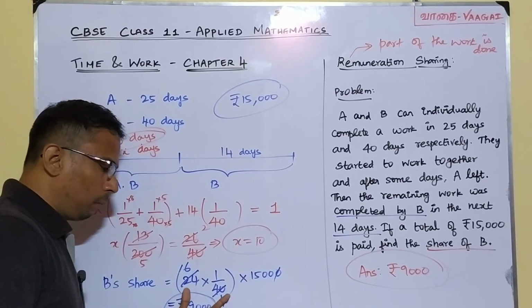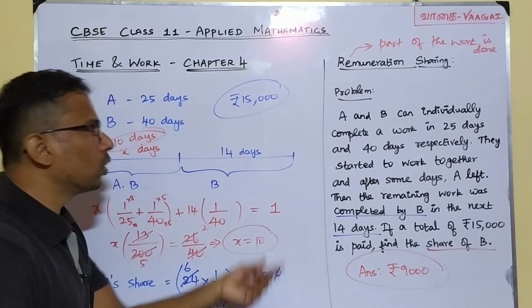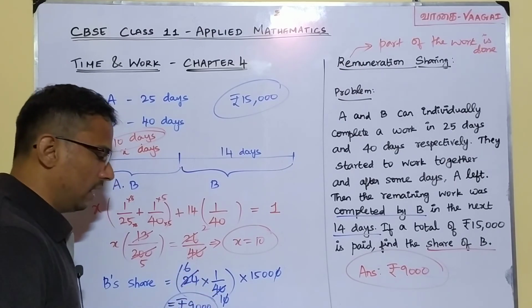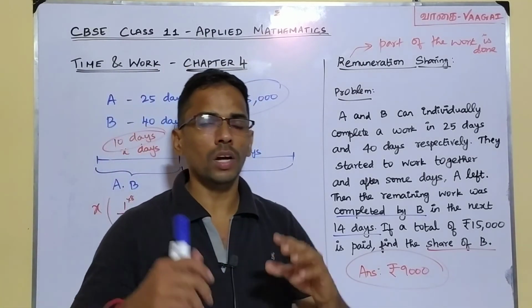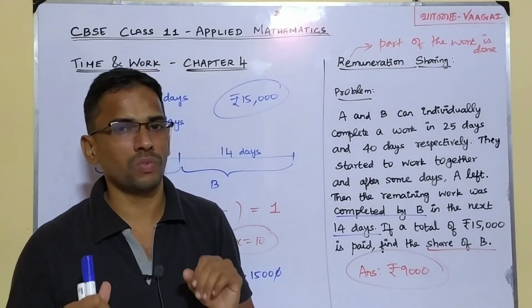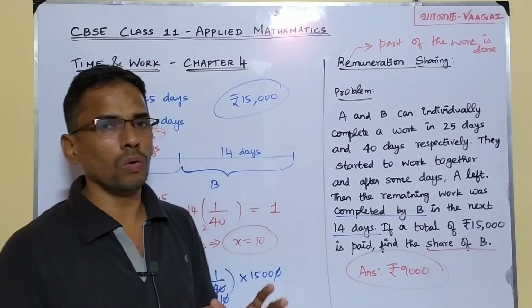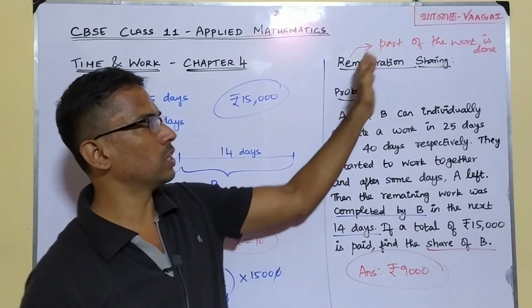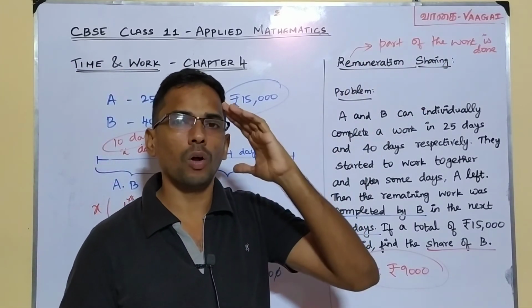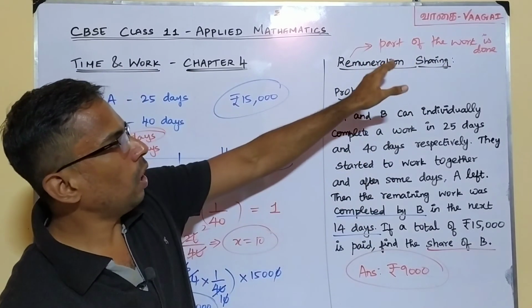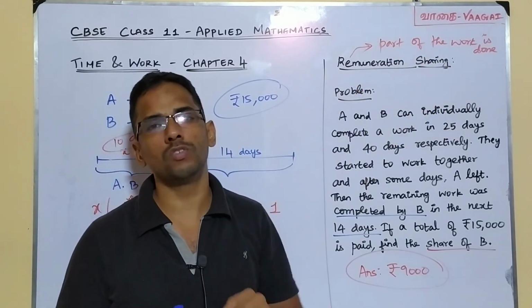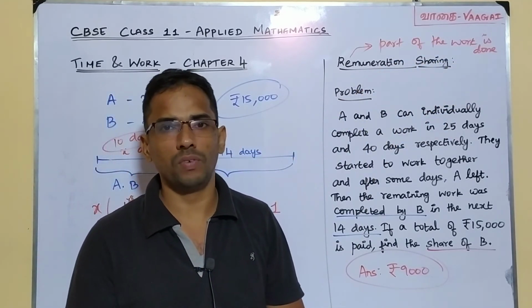B is doing that portion of the work, we multiply it by the total money, and that gives us the share of B. That's it. I hope it is clear to you, and this is how you have to work out any question based on remuneration sharing. Always be sure about what part of the work is done by that individual person, and that will finish the problem.